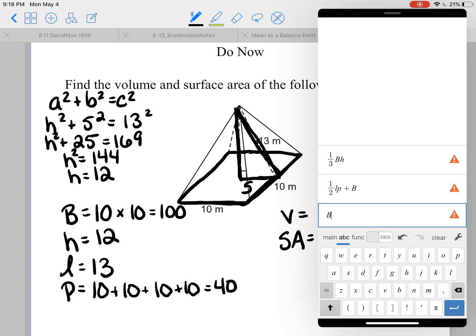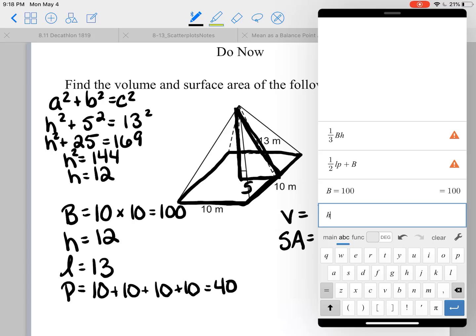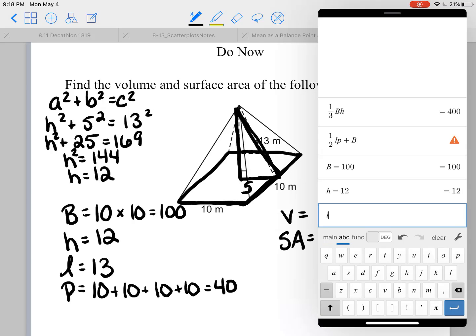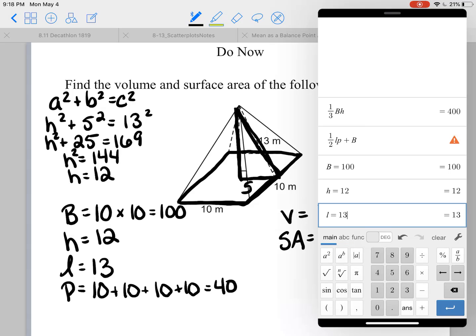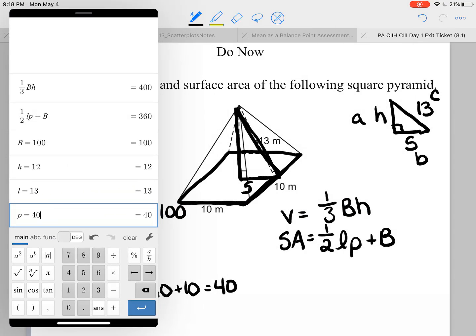So capital B is equal to 100. H is equal to 12. L is equal to 13. And P is equal to 40. So if we look at the top, our volume is going to be 400 cubic meters or meters cubed. And our surface area is equal to 360 square meters or meters squared.